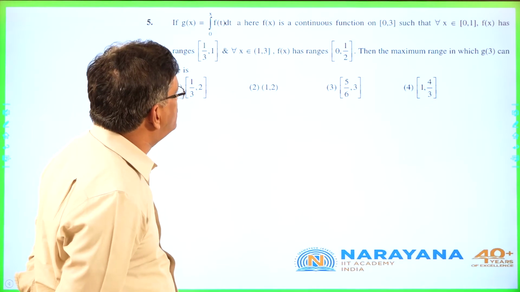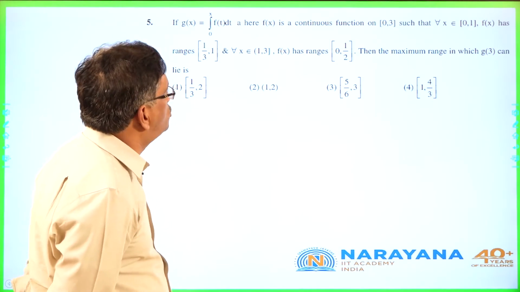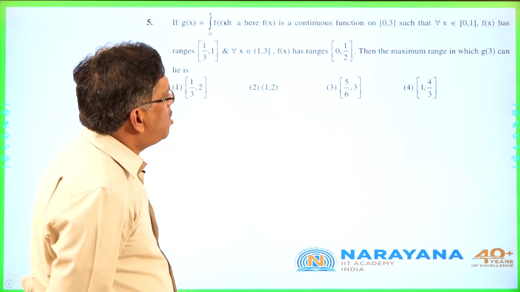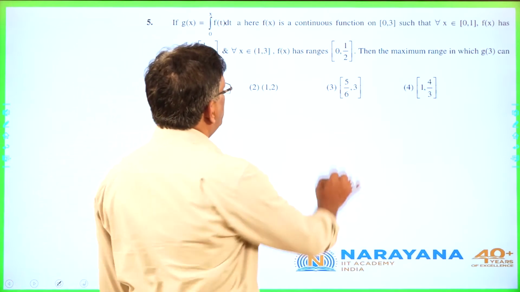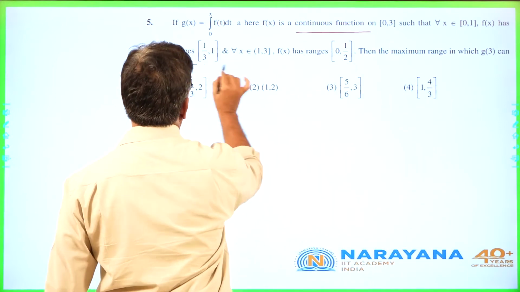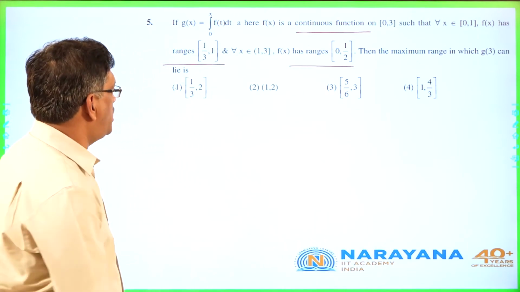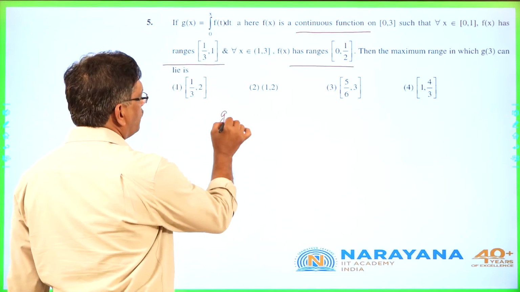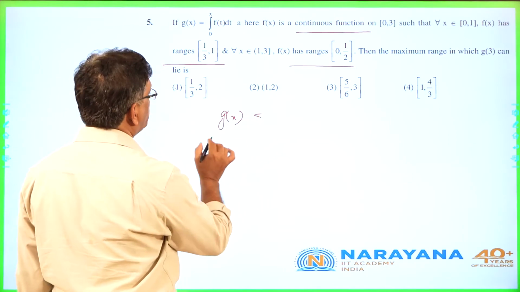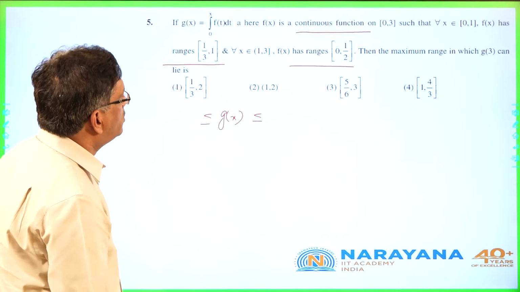Here f of x is a continuous function on the interval 0 to 3, such that for all x belonging to it, it is a continuous function he has given. F of x ranges, maximum range. We know that for a continuous function it is less than or equal to, right?